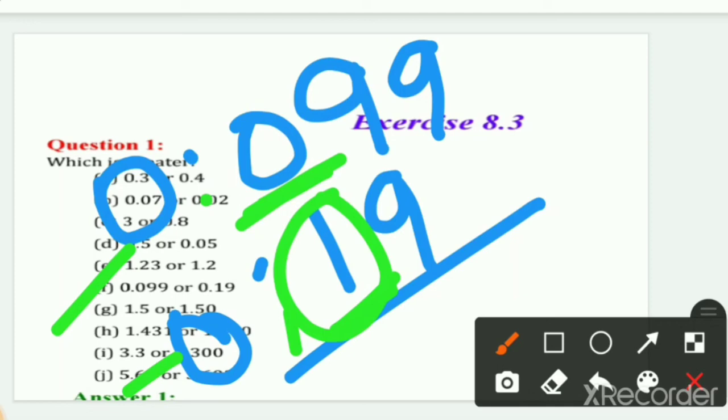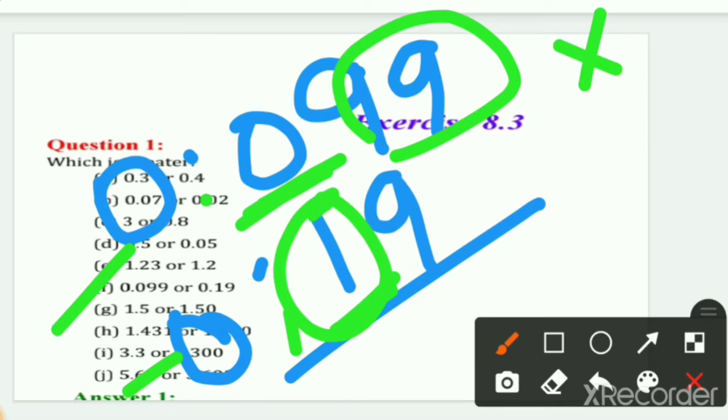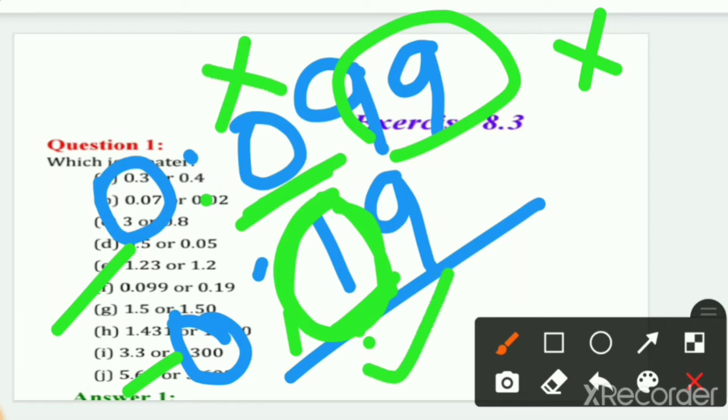Don't count the digits and think that 99 will be greater. First of all, compare one place. This tenths place is 0 and this is 1. So which number will be greater, 0 or 1? 1. So the tenths place of 0.19 is greater than that of 0.099.